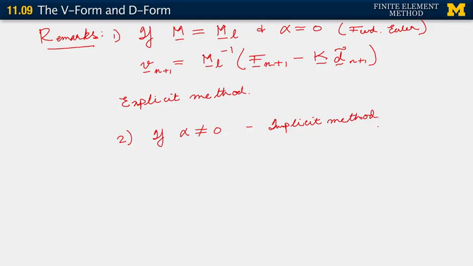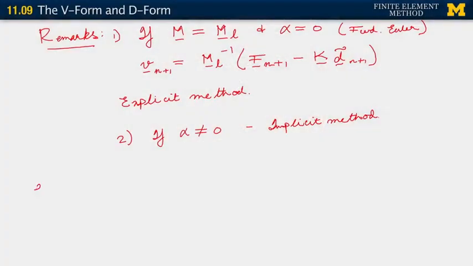All right. Okay, so these are two remarks to make, and what we will do is move on and proceed directly to the other canonical solution method, which is the D method.